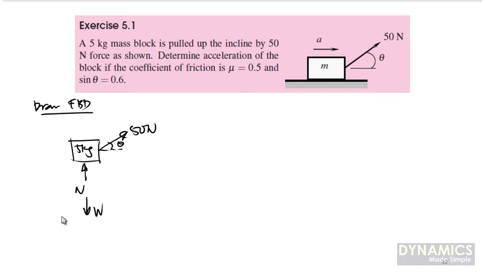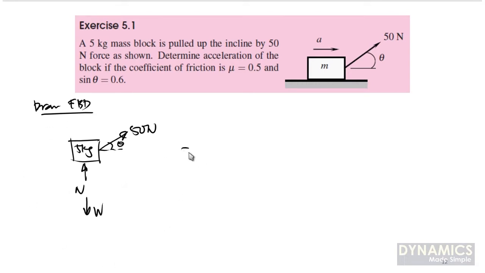Okay, so this is our free body diagram. We free the body from its support and we put all the forces that are being applied to this body. When we remove the support, we have to replace those supports or connections with the effect of the supports and connections, in this case in the form of normal force. Right, this is our free body diagram.